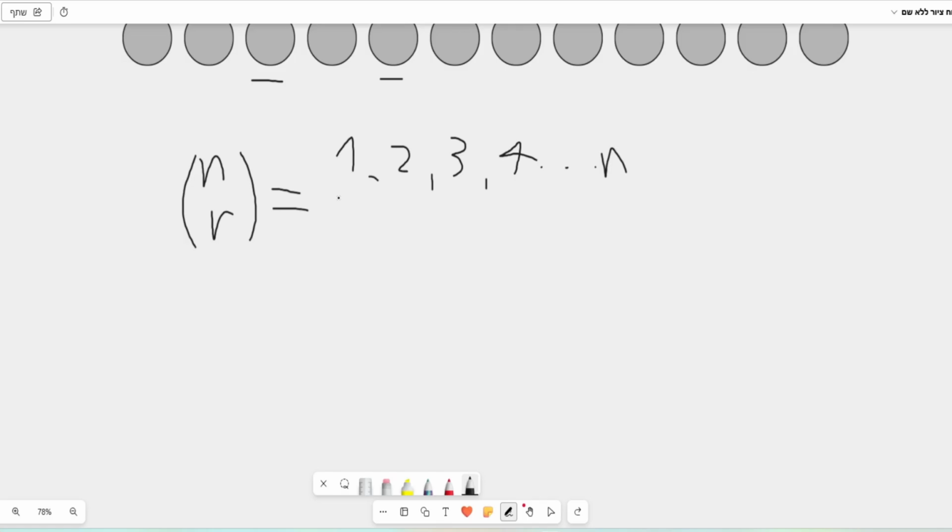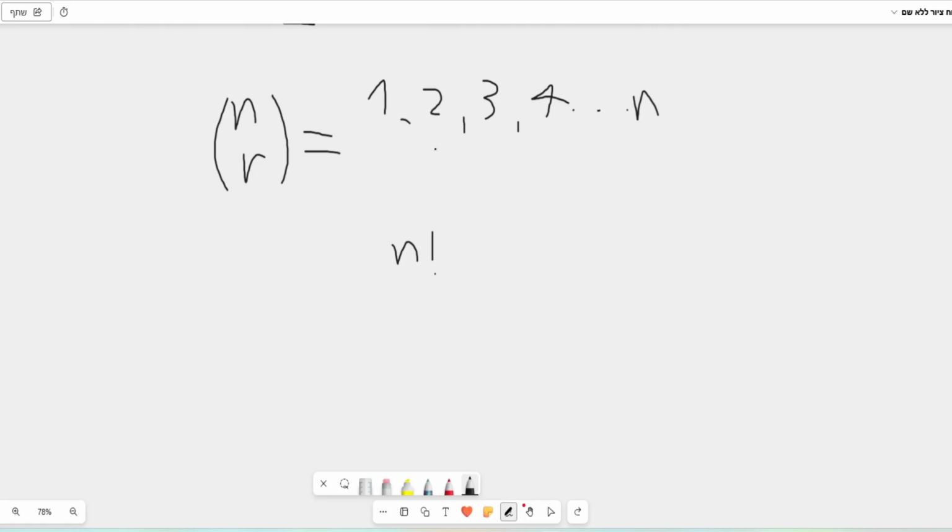This is just choosing r random cards, but I'm doing it in a way which allows me to calculate it easier. So I'm shuffling the deck. Overall, the deck can appear in n factorial ways when I fully shuffle it, because of what we explained about what factorial is earlier. And then I'm choosing r cards, just taking the top r cards.